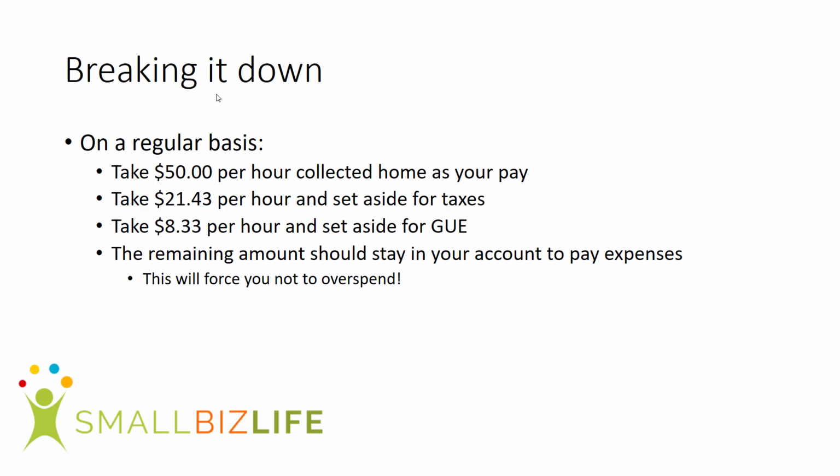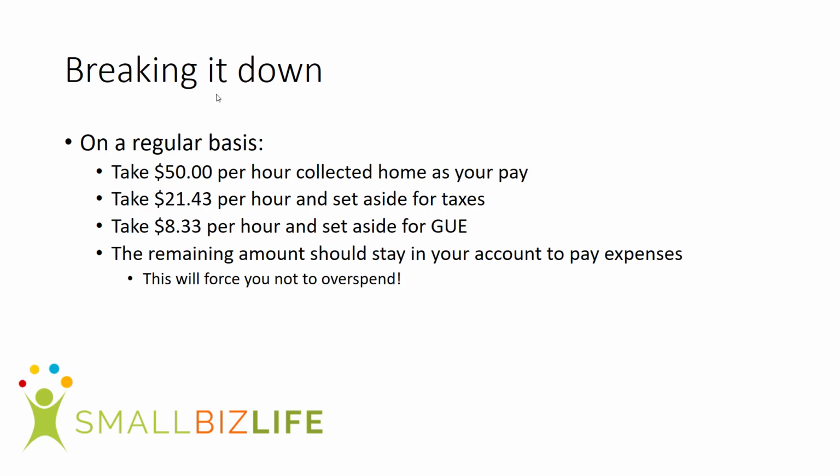Your items are going to be your service items and how much you're charging. It will tell you how many hours you've collected in the last 2 weeks, if you run the report on a cash basis. So let's say you collected 20 hours' worth of revenue in the past 2 weeks.